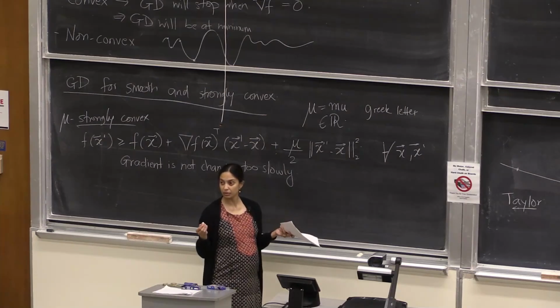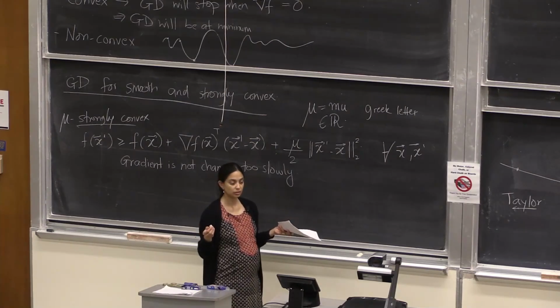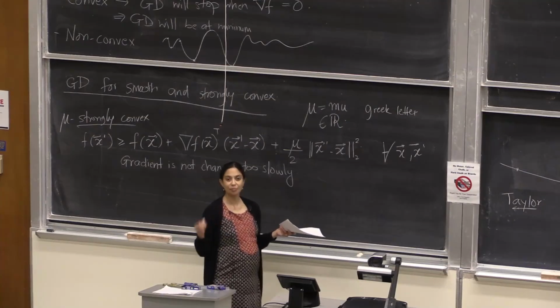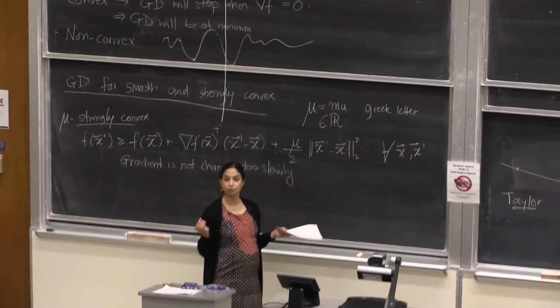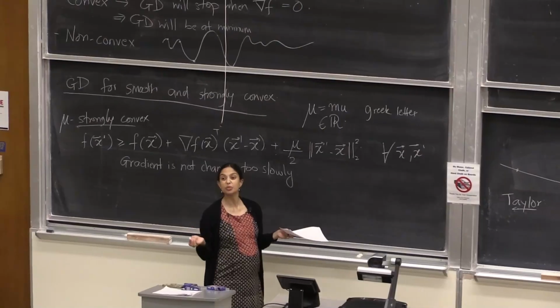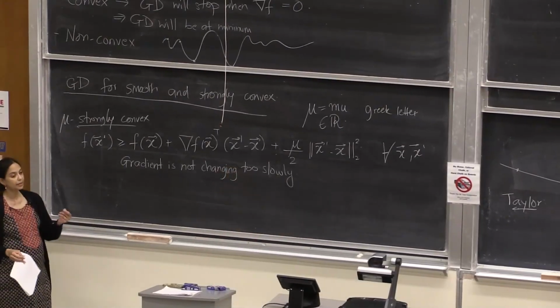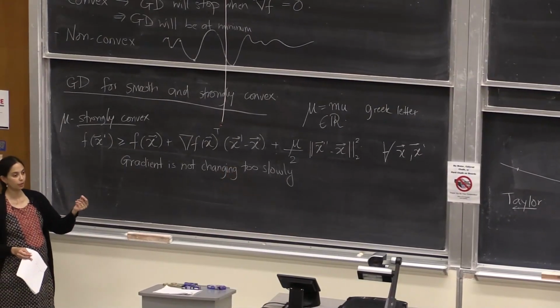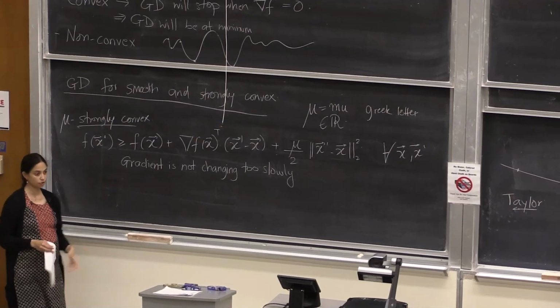Does that make sense to everyone? So I want my Hessian to have eigenvalues that are not too small. They're at least mu. Lambda is the scaling of that quantity. You have the same thing here, so there's no issue there.